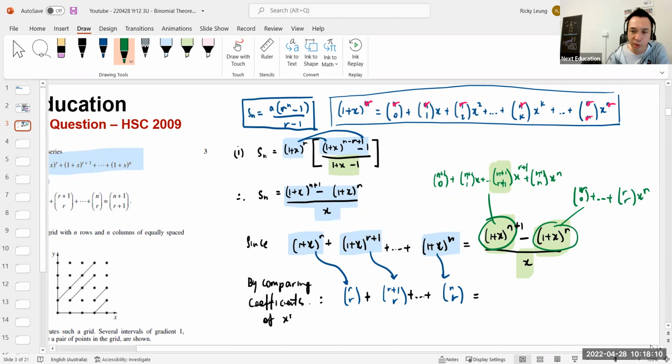When I divide by x, there is no term that has x^r in it. So in other words, the coefficients for this one don't matter. It's all to do with this guy here. So therefore, (n+1)C(r+1). That's the key for this term. And then I've done it. That is the proof.